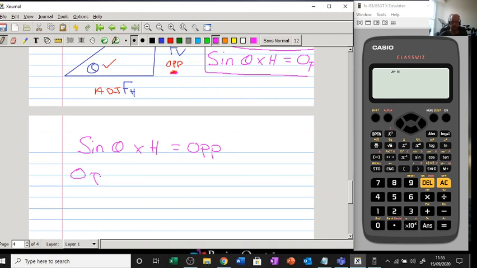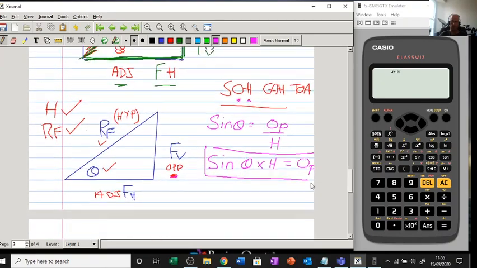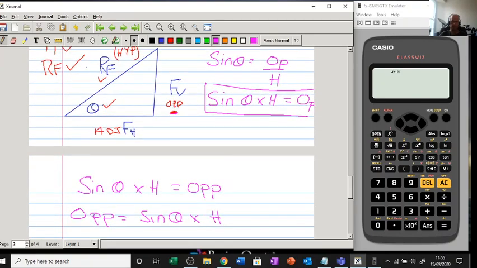So the opposite side is sine of the angle times by hypotenuse. Now, the opposite is also the vertical force, and the hypotenuse is the resultant force.